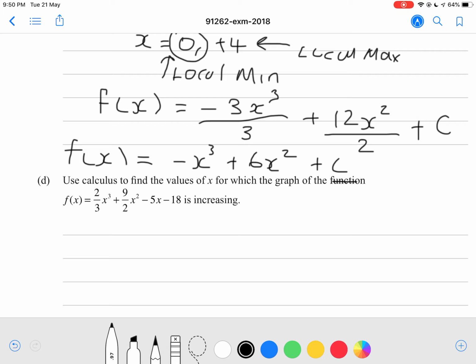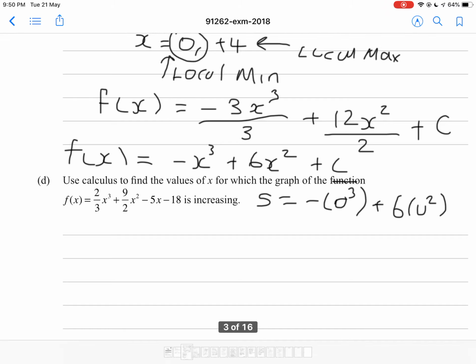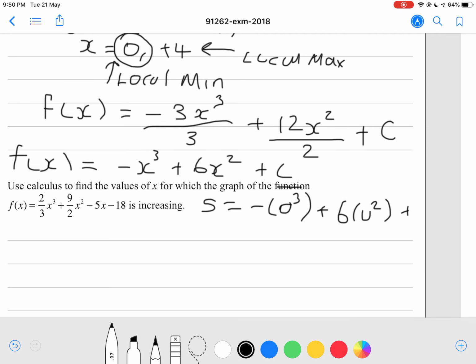So therefore, c has to be 5. If I write it out, 5 equals negative 0 cubed plus 6 times 0 squared plus c. So therefore c equals 5.